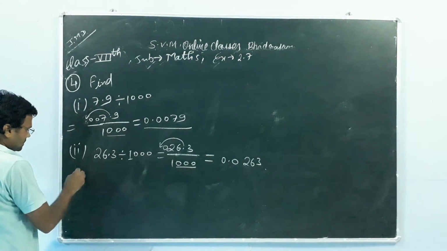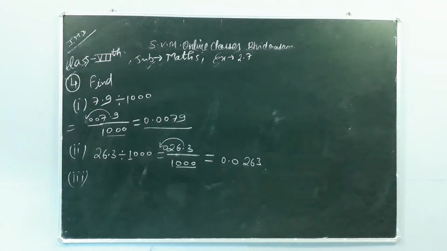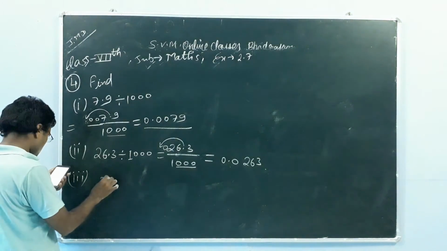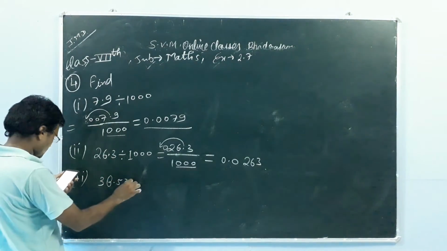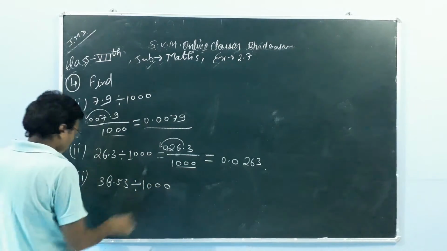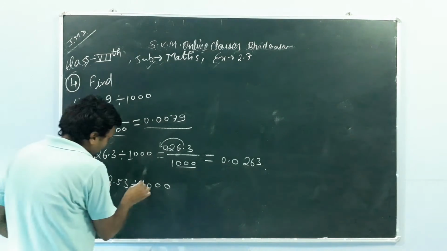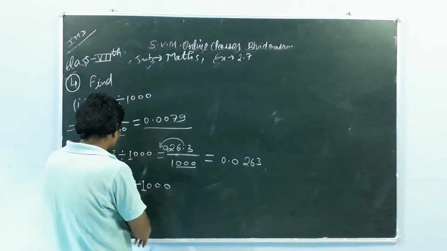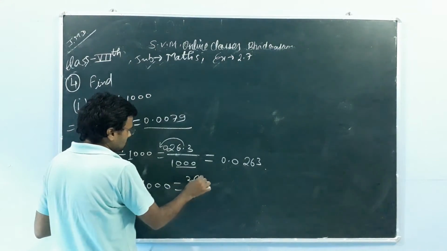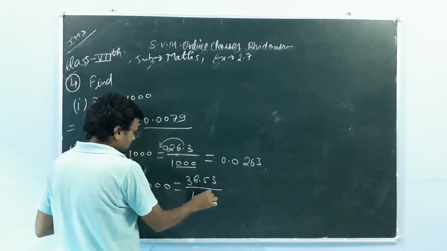Our third one is question number 4, part third: 38.53 divided by 1000.